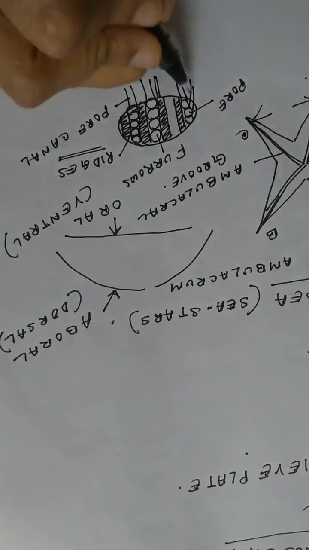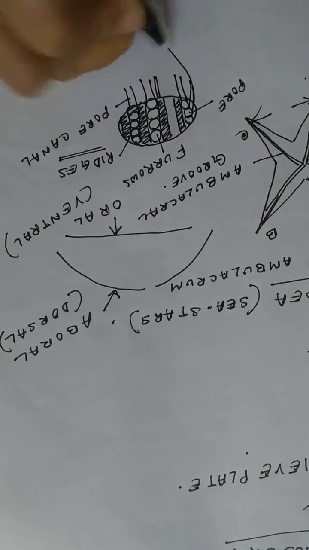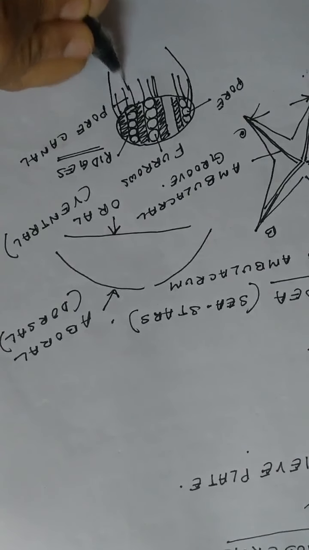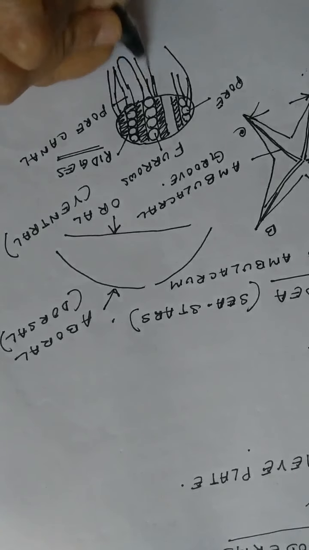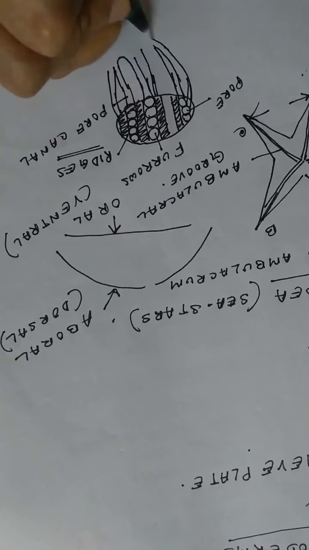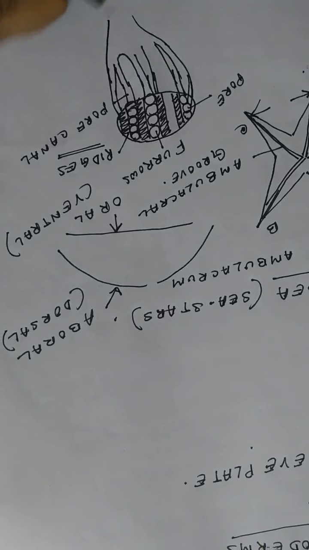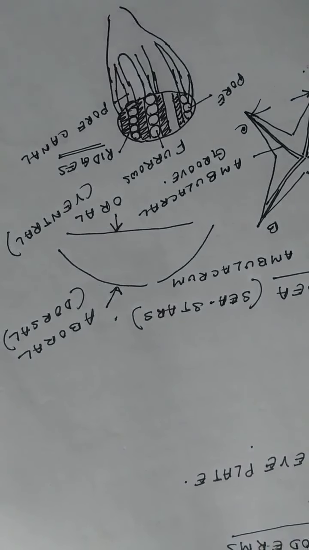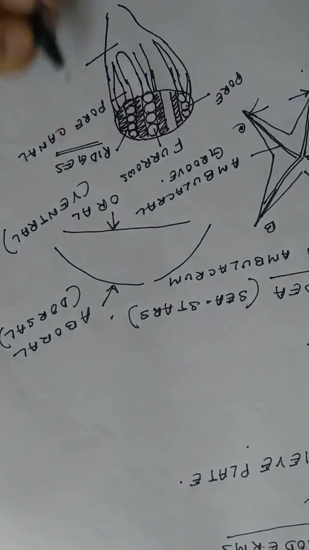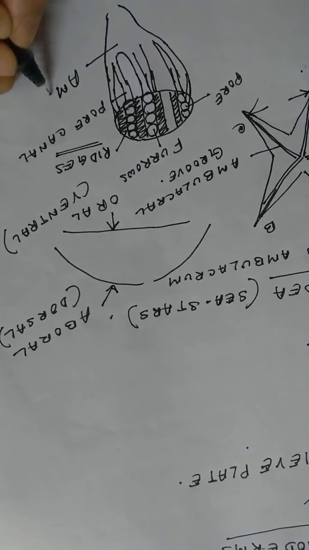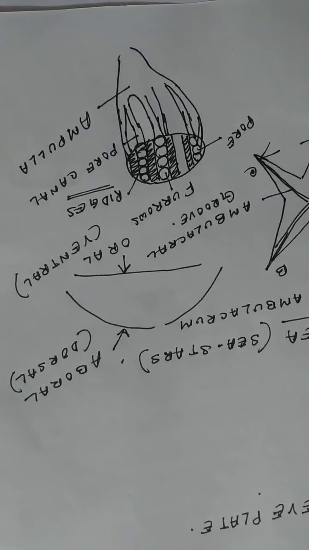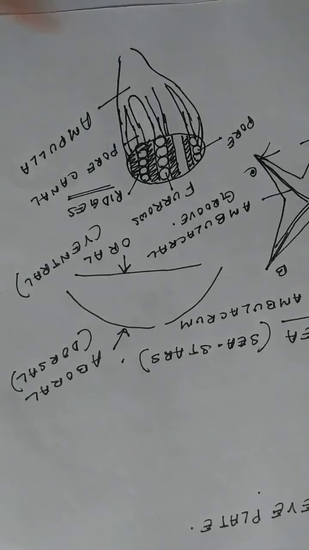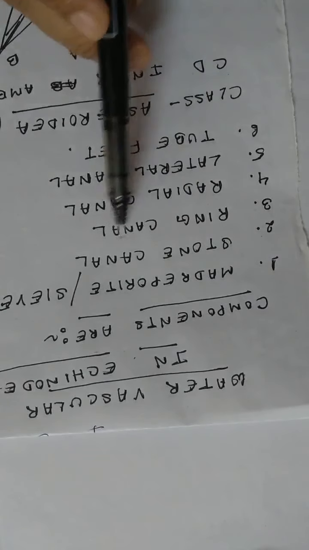Okay. Now each of these pore canals then joins together to form a common cup-like structure. This is known as the ampulla. Okay. Now this ampulla leads to the stone canal.